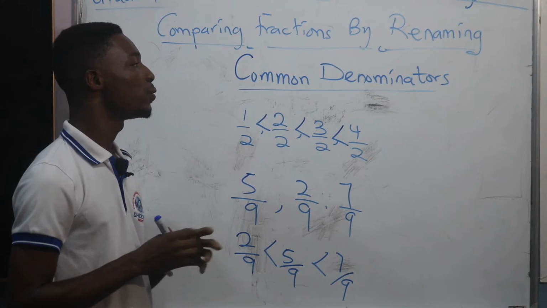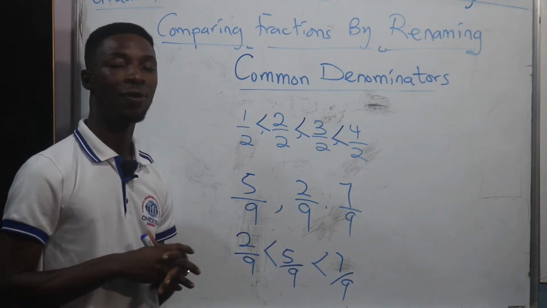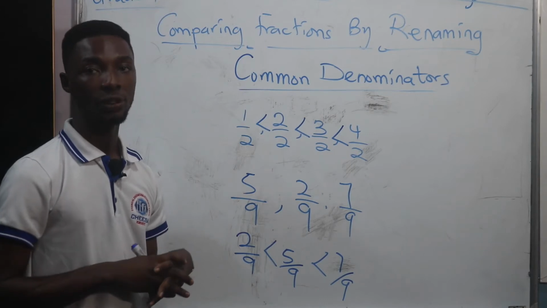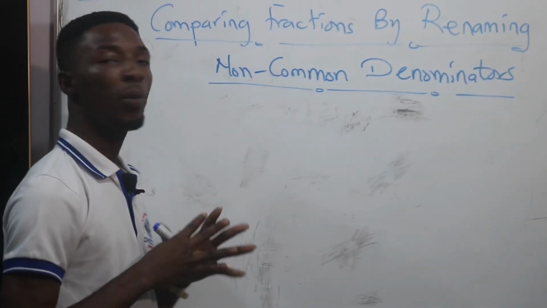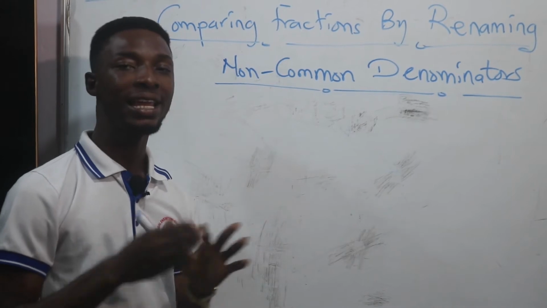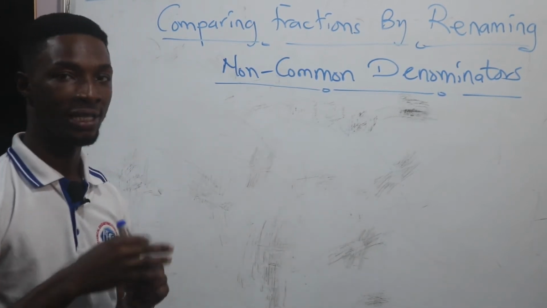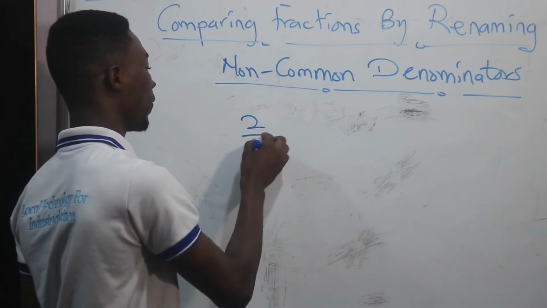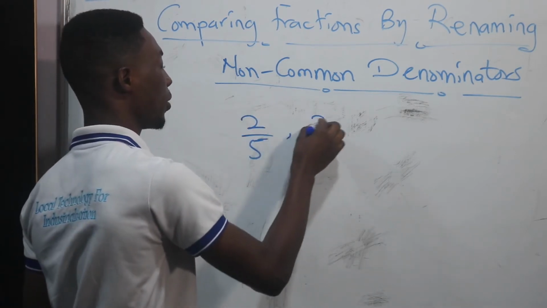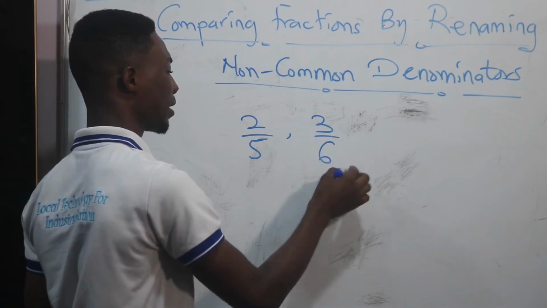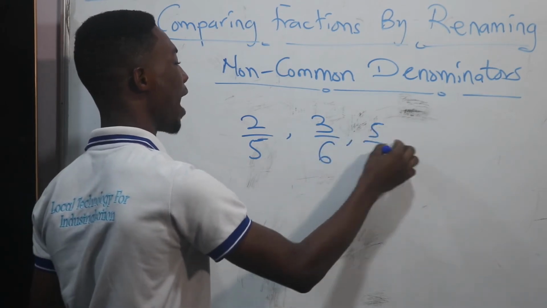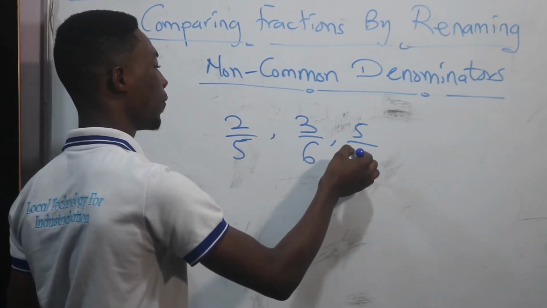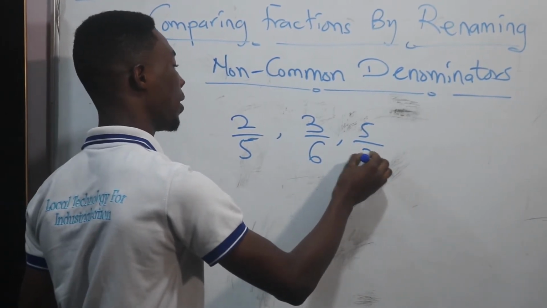Now let's go to where we don't have common denominators. All the fractions have different denominators. Non-common denominators. When the fractions have different denominators, let's take sample fractions like 2 out of 5, 3 out of 6, and 5 out of, let's say, 3.